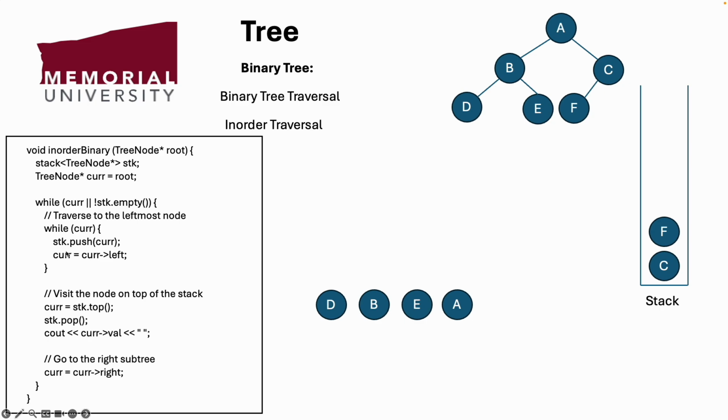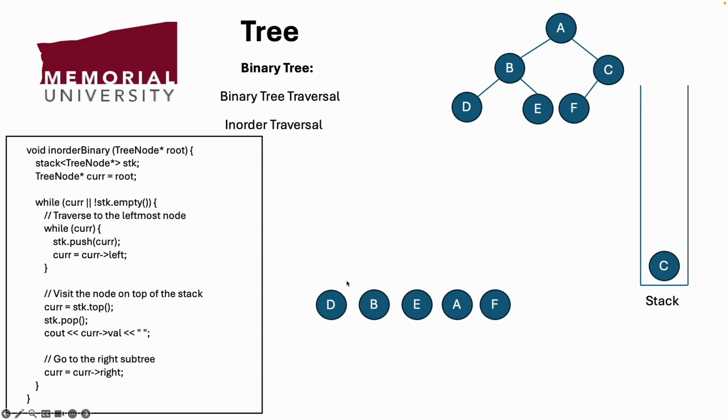So after this, current is a null pointer. Then this inner while loop is complete. Then we go to this part. Current equals the top of stack, which is F. F is popped up and displayed here. Now the current is pointing to F. F is a leaf node, no children.